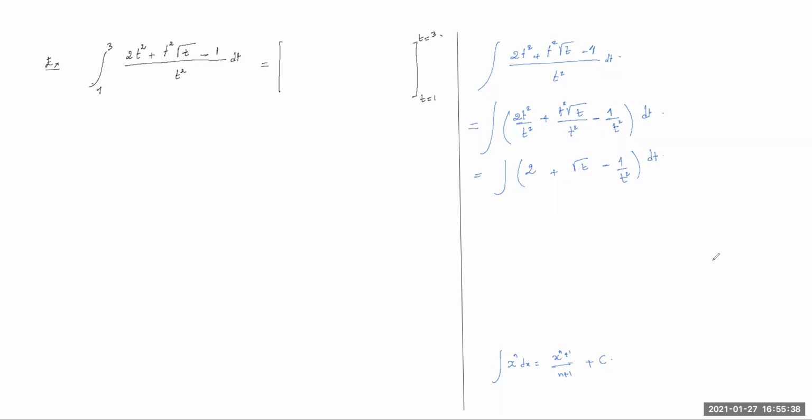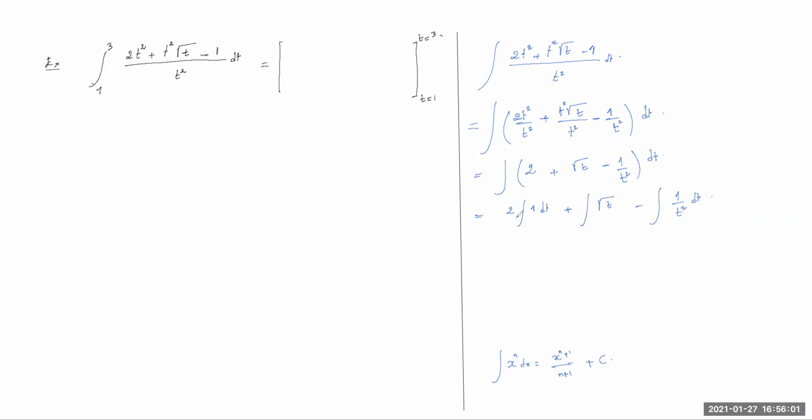Do you see it as a power? You have a sum and difference, so you can separate: it's 2 times 1, plus square root of t, minus 1 over t^2. This step you can always do. Like that, you have 3 terms, and you separate them.